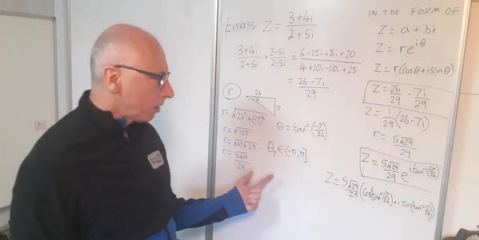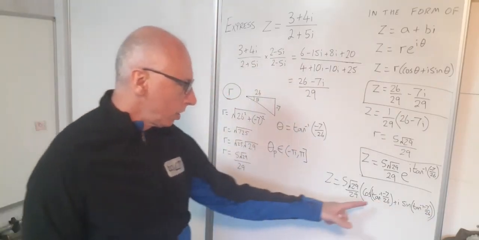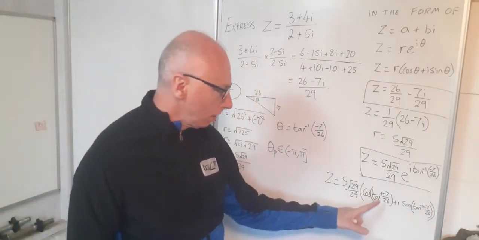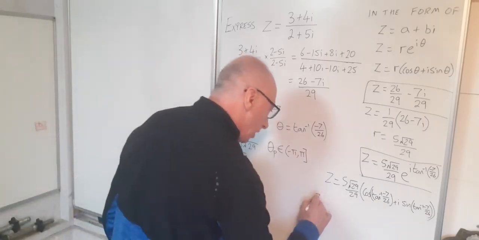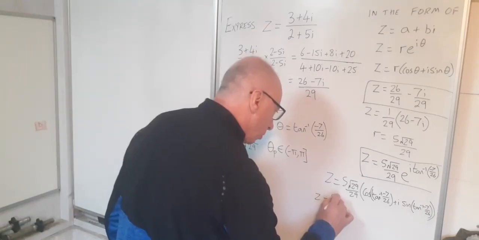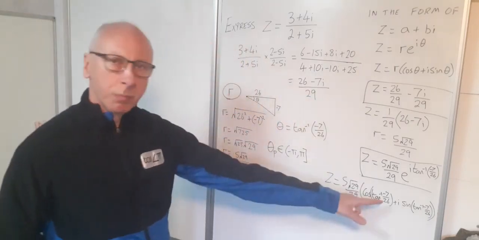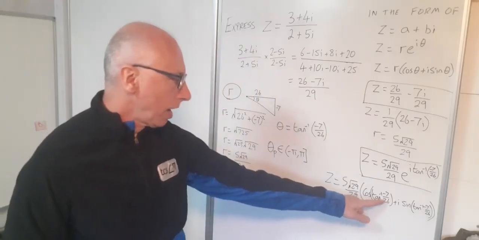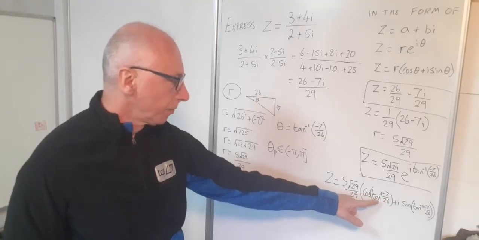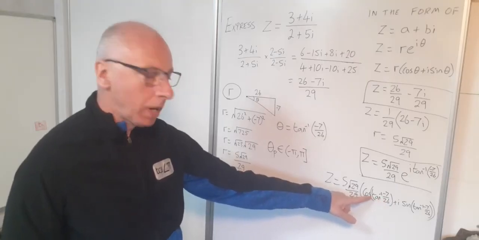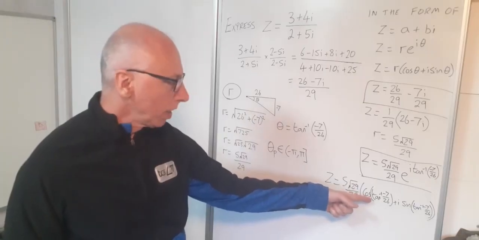Okay, now that would be fine in that kind of format, but I can just distribute some minus signs and get this without this awkward looking input for the cosine. So z equals 5 root 29 over 29. Now I can bring this minus sign out of that and have minus tangent of 7 over 26. And if I've got cosine of minus something, I can then eliminate that because the cosine input for plus or minus will be the same.